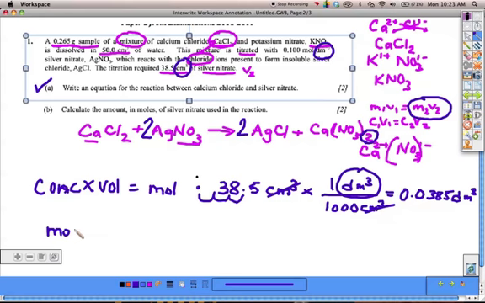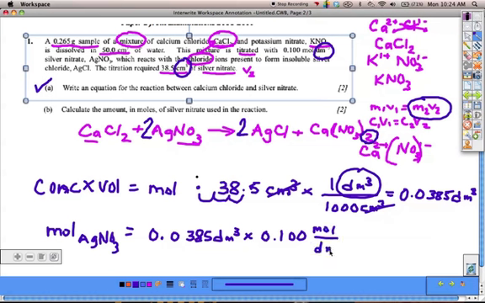So moles of AgNO3 is equal to 0.0385 decimeters cubed multiplied by 0.100 moles over decimeters cubed.